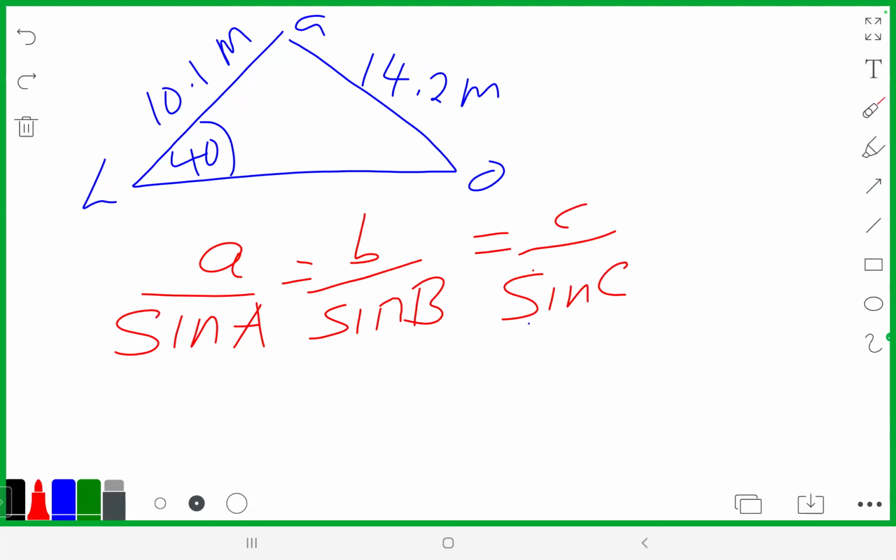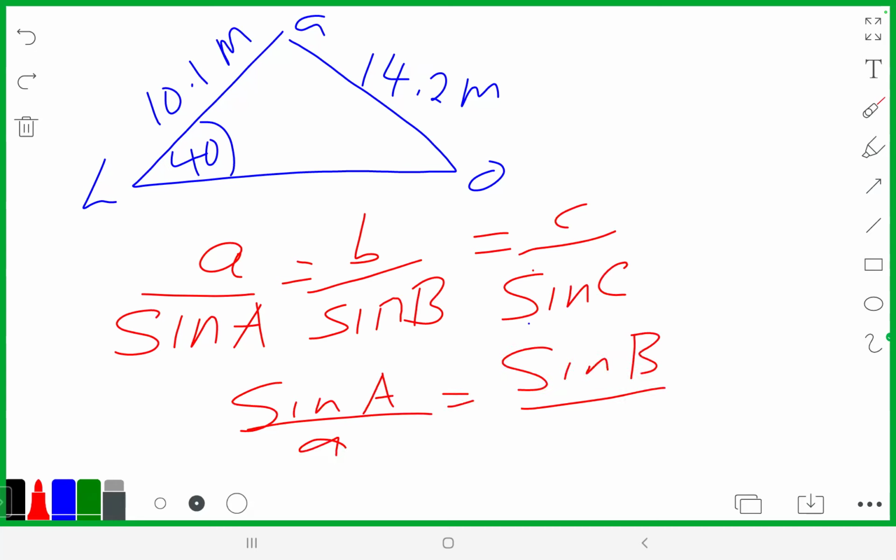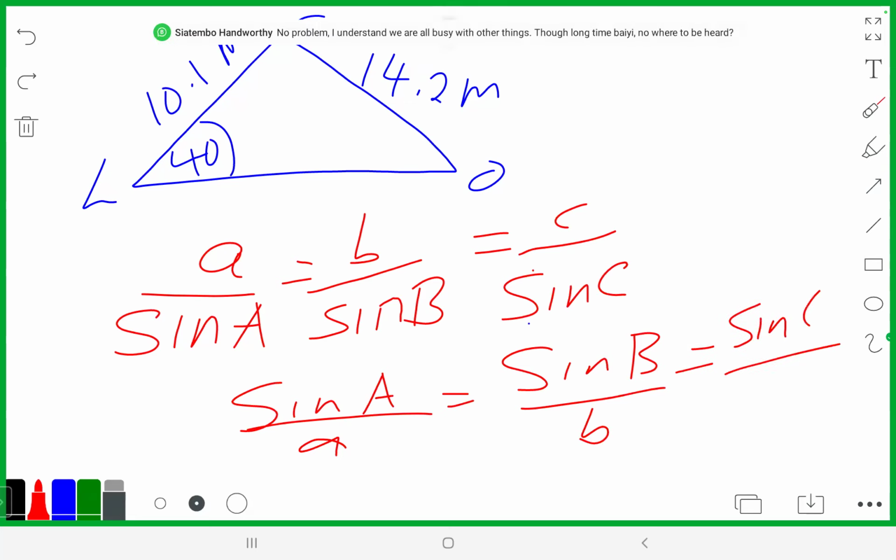This is same as sine A, angle A divided by side A, sine B divided by side B, and equal to sine C divided by side C. It is still the same thing, okay? It's still one and the same thing. They all give you the same answer.